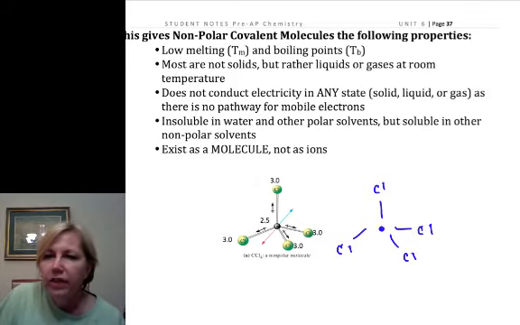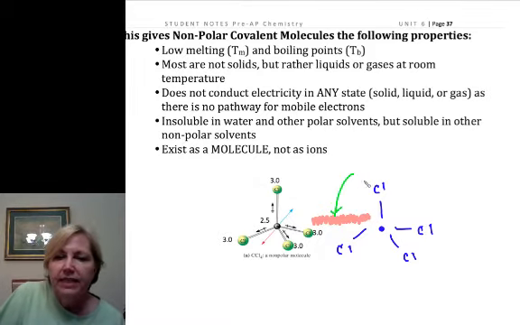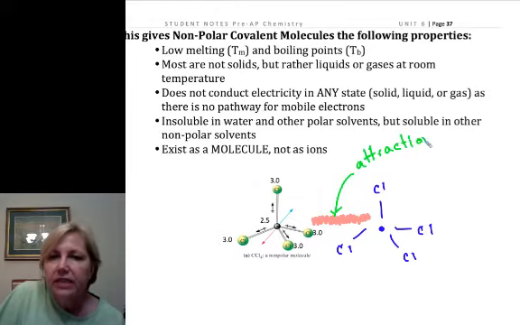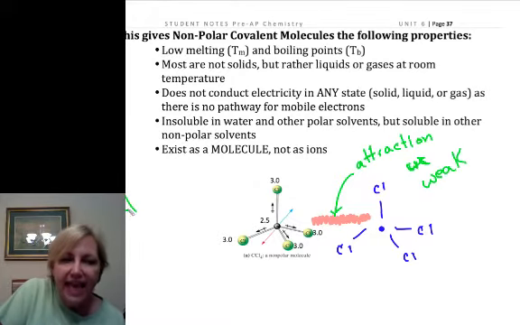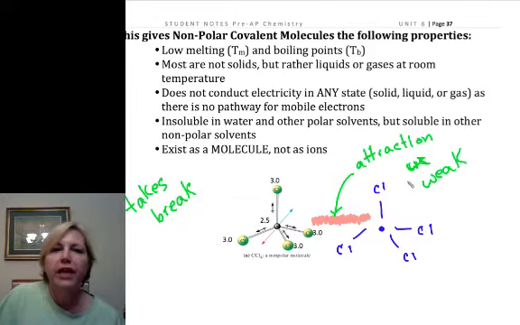If we wanted to take a look at the forces of attraction between these, we're going to give it a name pretty soon, but this attractive force is very weak. And so it doesn't take much energy to break it. It takes energy to break, freeze to form, takes energy to break.